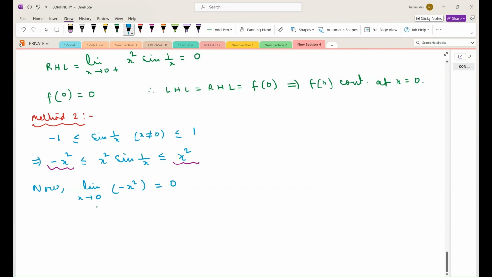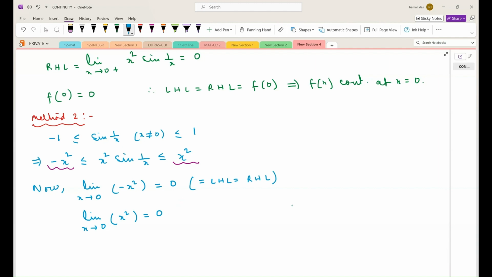Now see here I have written just x tends to 0. I have not written plus or minus because this is a polynomial function. Even if you take plus or minus, you simply substitute x by 0. So both LHL and RHL will be 0. That is the limit of this polynomial function is 0. Similarly, x tends to 0 of the right hand extreme function, that is x square, by same logic will be 0. Polynomial function continuous everywhere, so at x equal to 0 also continuous.